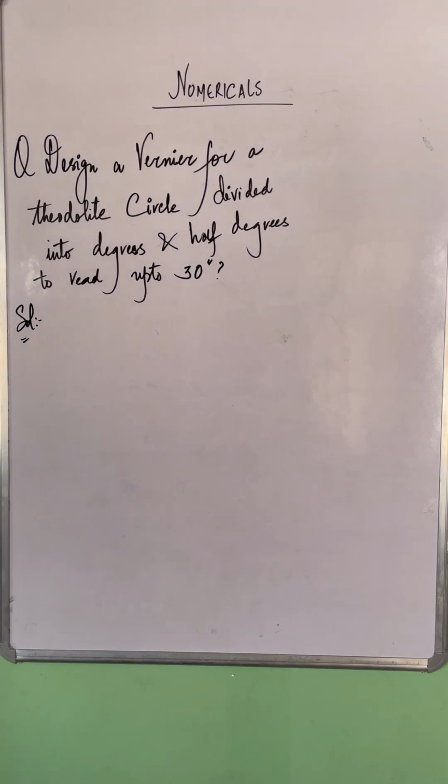So the question is, design a vernier for a theodolite circle divided into degrees and half degrees to read up to 30 seconds. So let's solve this.